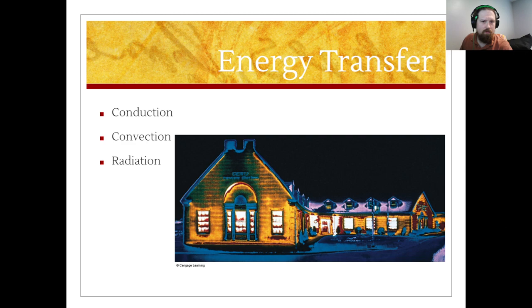Because if you think about it, all of the exterior pieces of this house are touching the same temperature air. They're all exposed to the same temperature winter. This is a winter picture. There's snow on the ground and snow on the roof. They're all exposed to the same temperatures, and so all of the paneling, all the roof materials, most of the surrounding area should all be the same temperature.